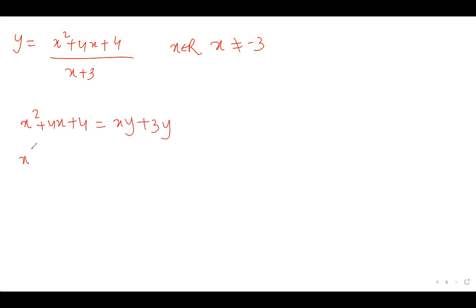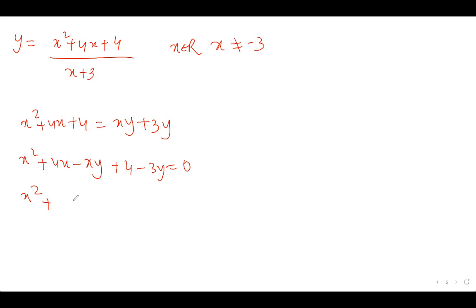Then you bring it together: x squared plus 4x plus 4 minus xy minus 3y equals 0. Don't do this, make x the subject, sorry, this is wrong.